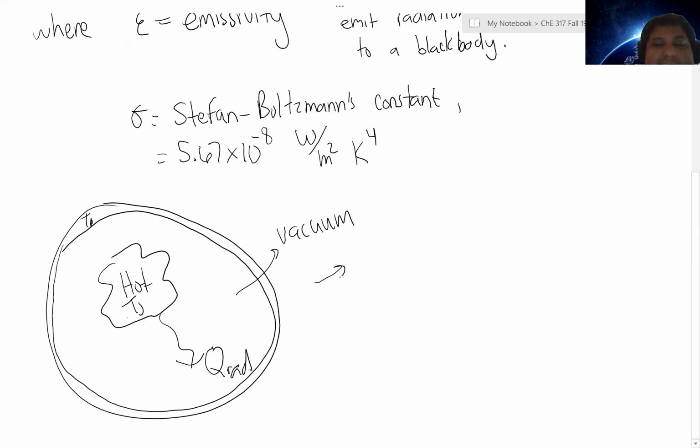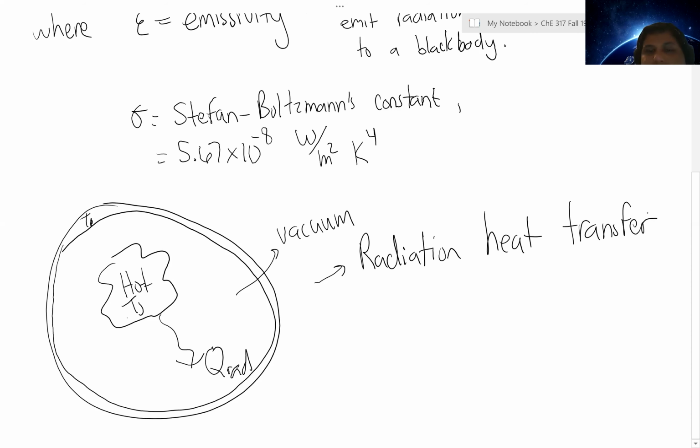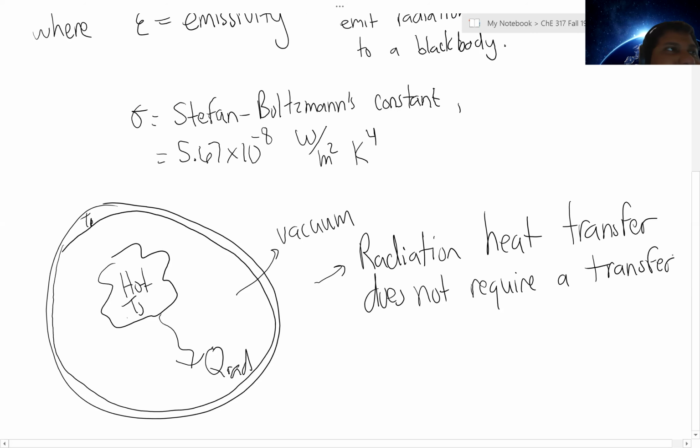And so what we find is, as Blake stated, radiation heat transfer does not require a transfer medium, but conduction and convection do. You can't conduct something if you're not in contact.